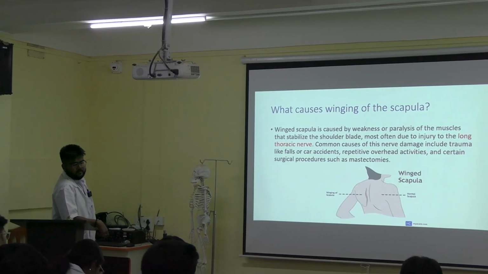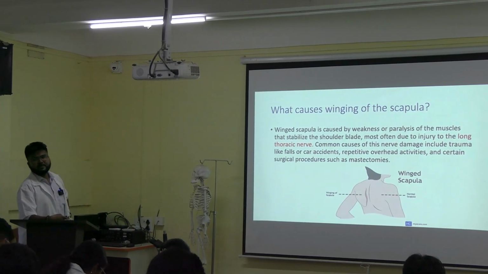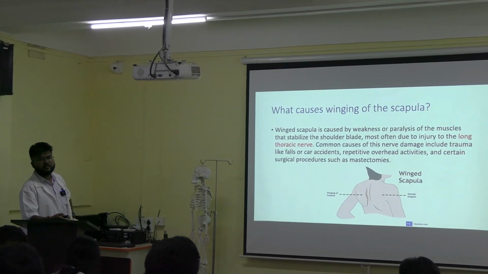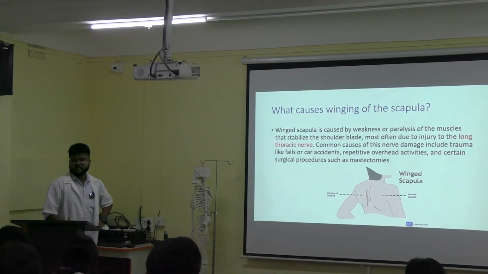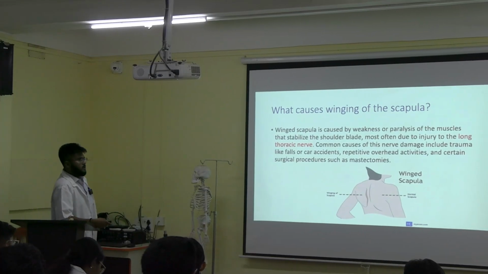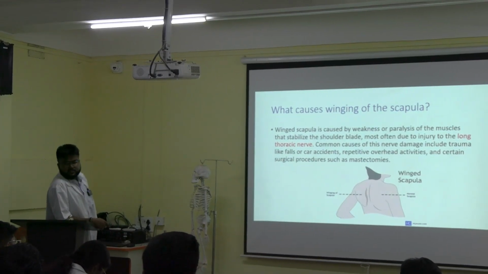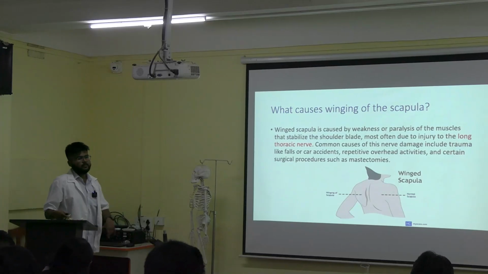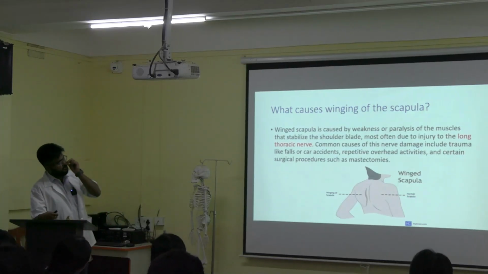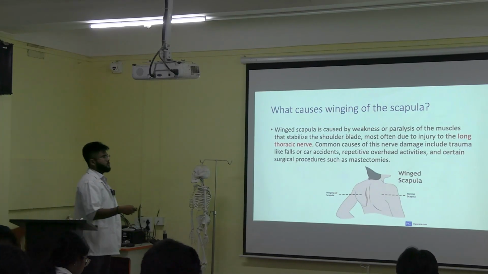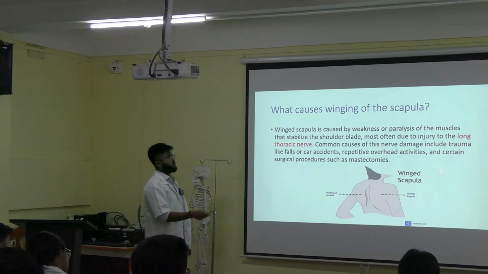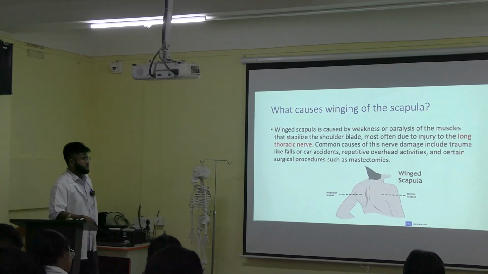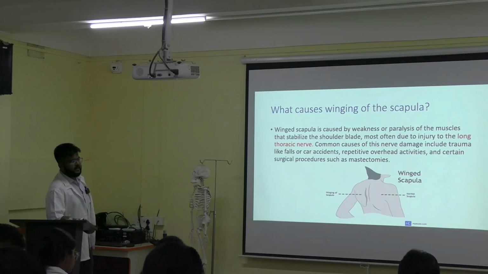If a 5 marks question comes, also write the treatment part: physiotherapy, some analgesics, and if needed, surgery. Next, the causes of winging of the scapula: the long thoracic nerve is injured by conditions like trauma, mastectomy surgeries and repeated overhead activities.